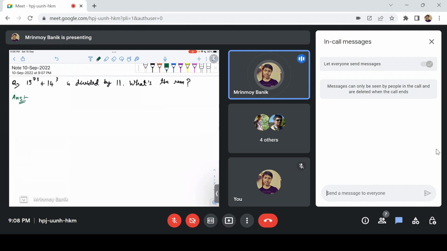So the idea is to use the fact that a power x is congruent to r power x mod n if a is congruent to r mod n. This is the exponential property of congruence. These hold for all a, n in integers, and x in naturals.